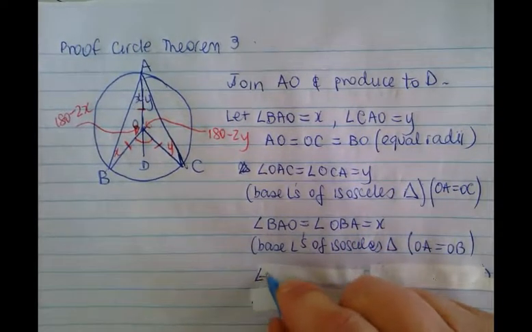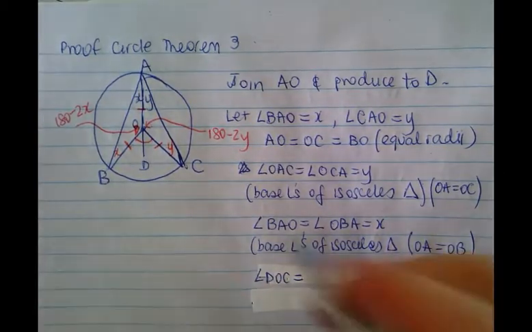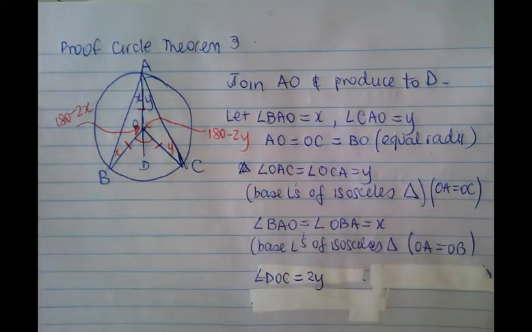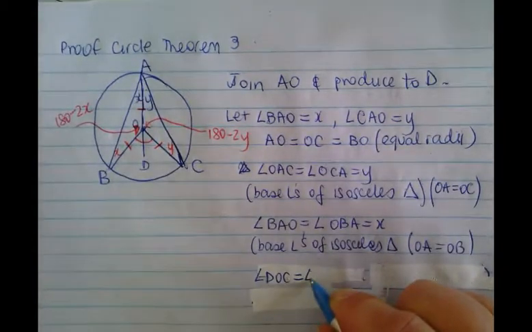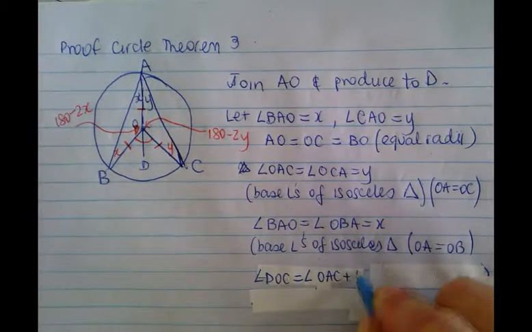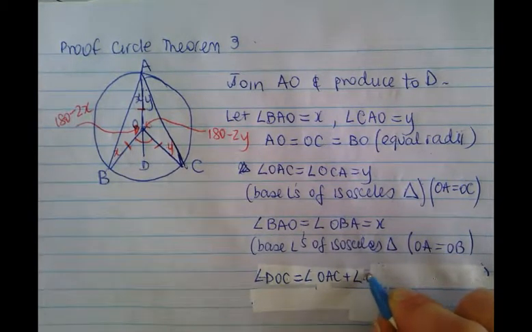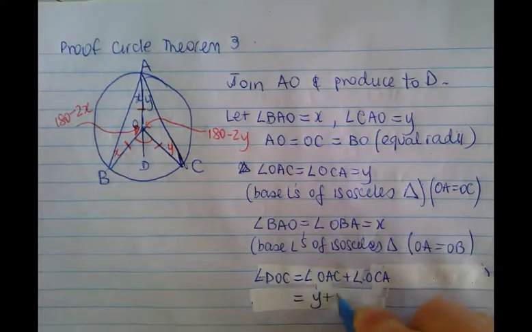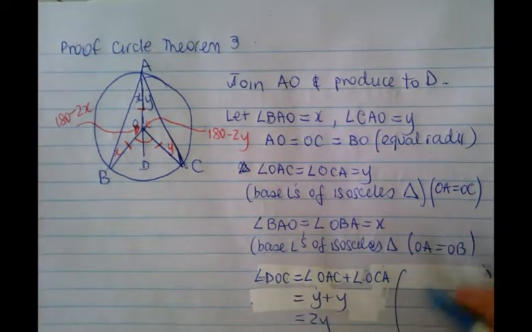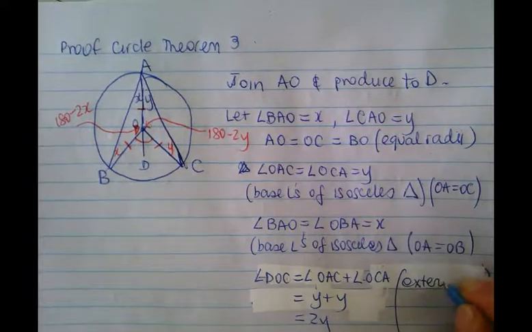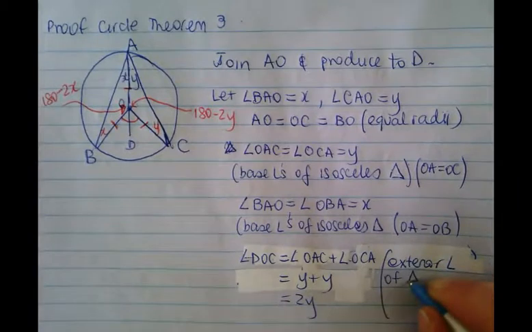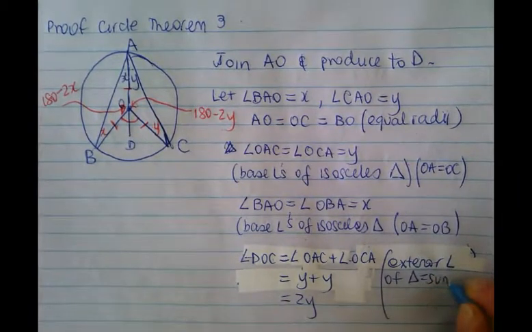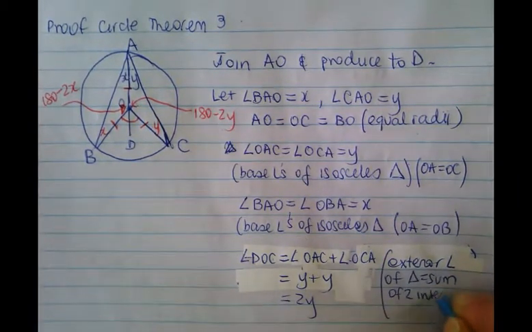I'll hint. Angle DOC equals 2y. Very good. So angle DOC equals angle OAC plus angle OCA equals y plus y, which is 2y. Reason? Exterior angle of triangle equals sum of the two interior opposite angles.